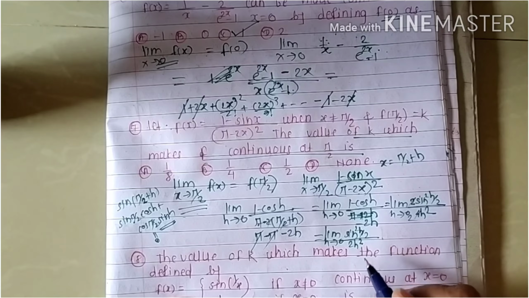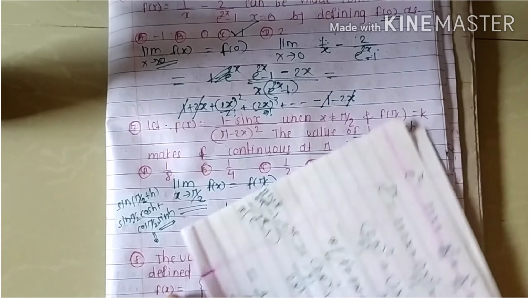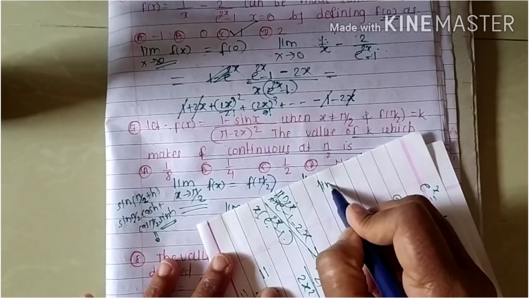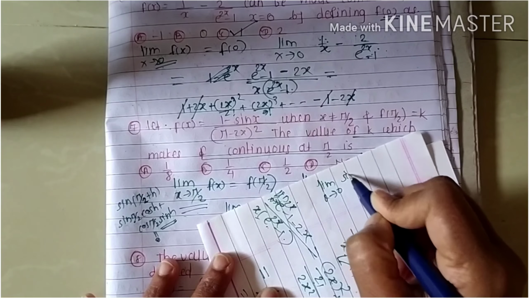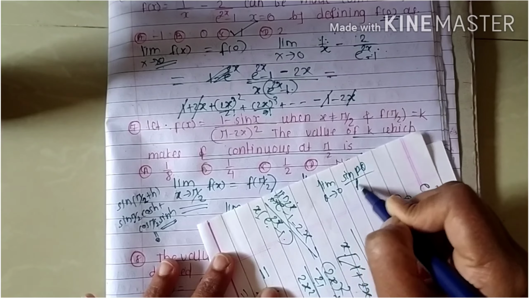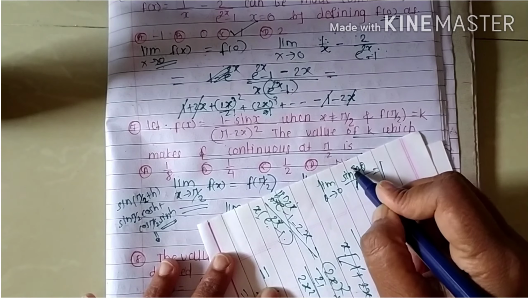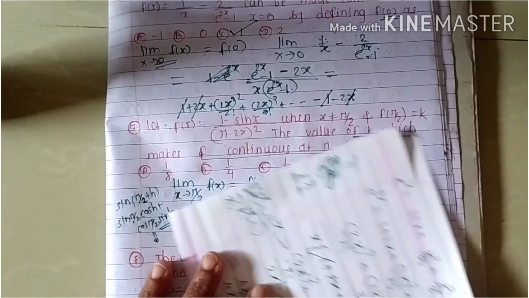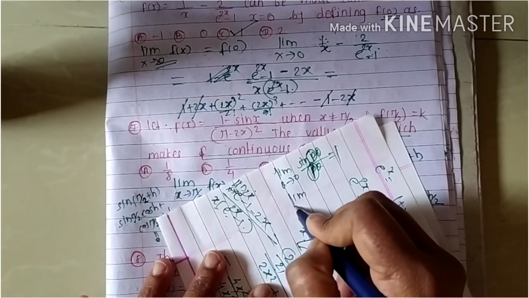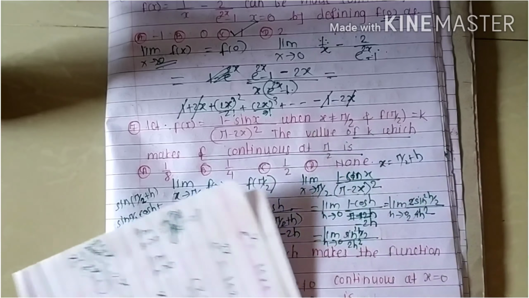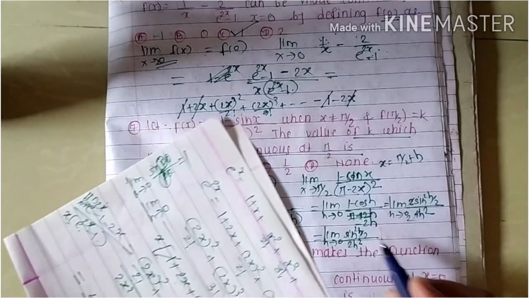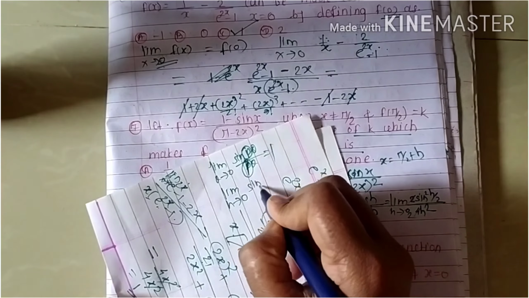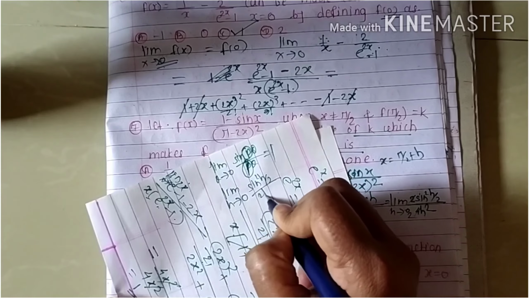Then in order to apply the standard result, limit theta tends to 0 of sine of p theta divided by p theta is equal to 1, whatever term of p is present in the sine must also be in the denominator. Here we have limit h tends to 0 of sine square h by 2, and the denominator is 2h square.